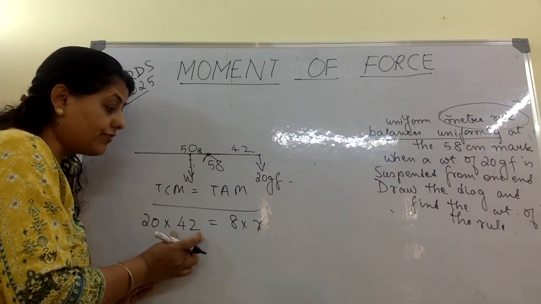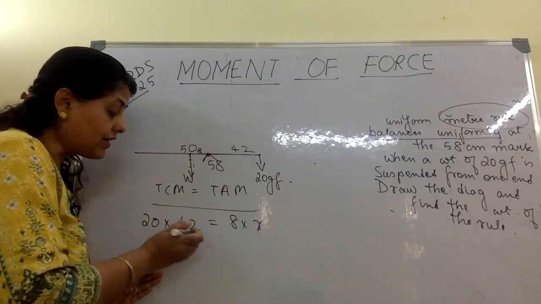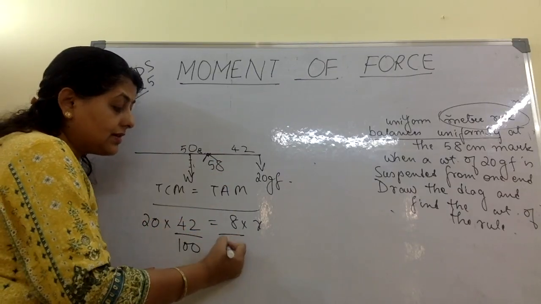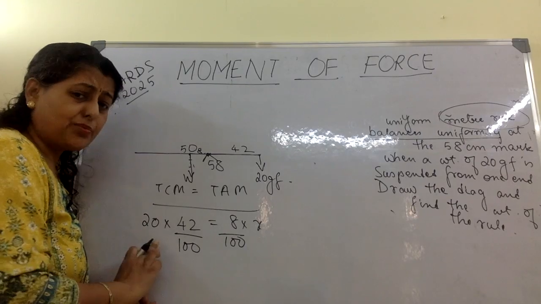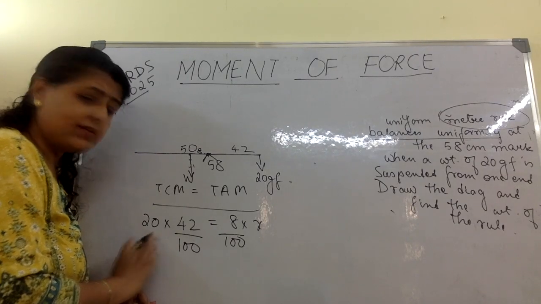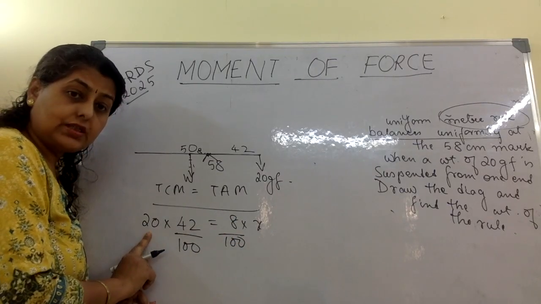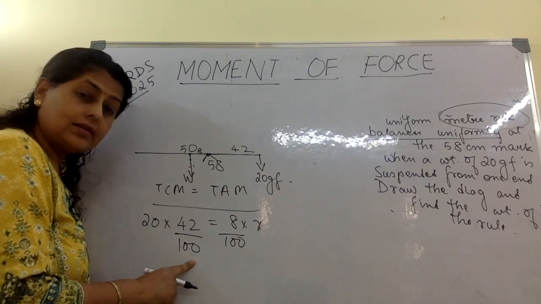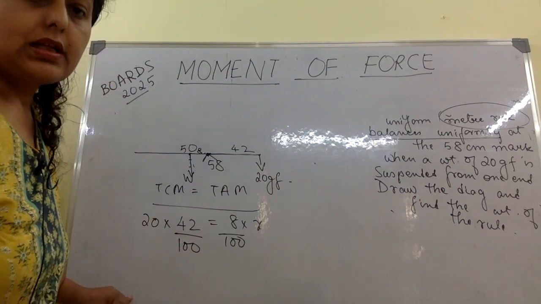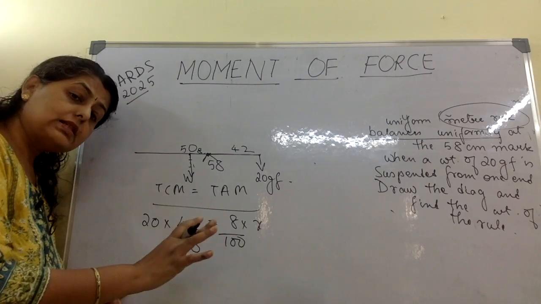Here, if I would have changed this 42 centimeter to, let's say, meter, I would have divided by 100 here and this 100 also here. Supposing this 20 was in kgf, then I had to do this in order to keep the entire thing in SI.